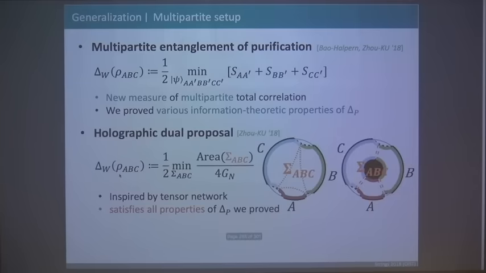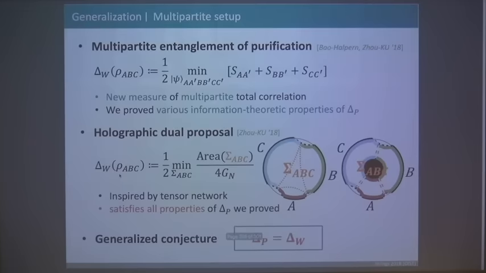Then we proposed its holographic dual based on tensor network descriptions and showed that all the properties we proved are indeed satisfied by this geometrical object. So these facts further support the holographic entanglement of purification conjecture, and also provide us new tools to investigate multi-partite entanglement or multi-partite correlation in AdS/CFT.